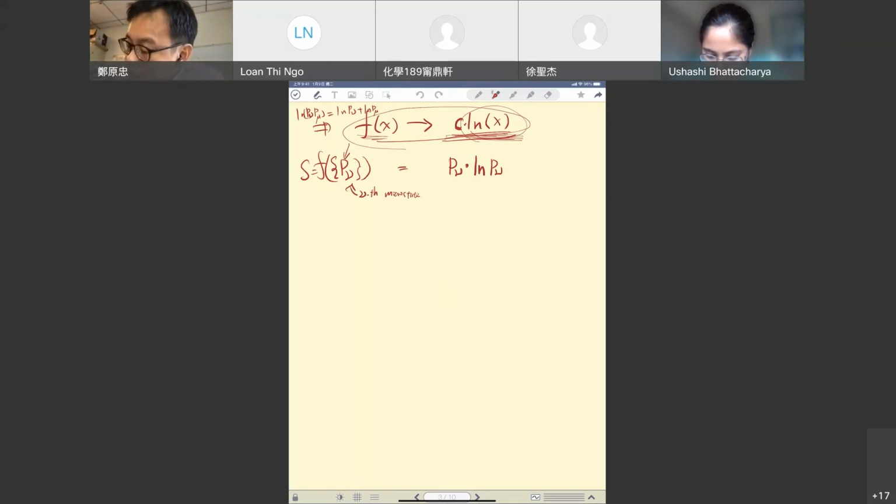There are many such microstates, so it's a distribution and we need to sum over all the nu. And this formula should have some constant in front of it, and we want to determine what this constant is.